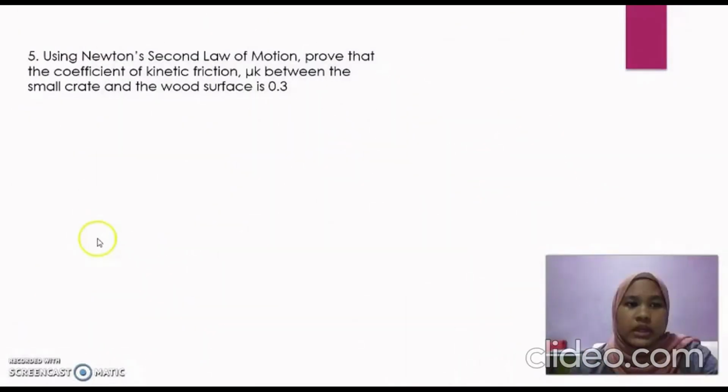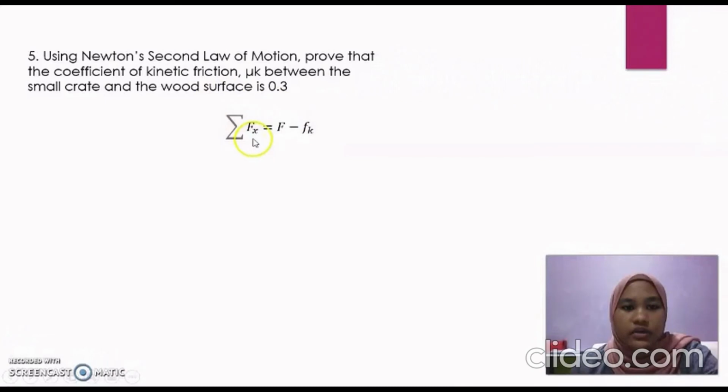So for question 5, using Newton's second law of motion, prove that the coefficient of kinetic friction between the small crate and the wood surface is 0.3. So this is the formula.